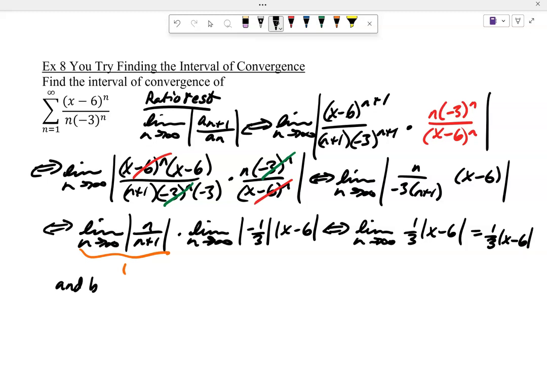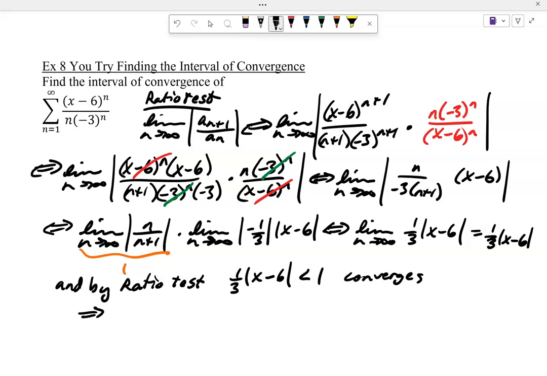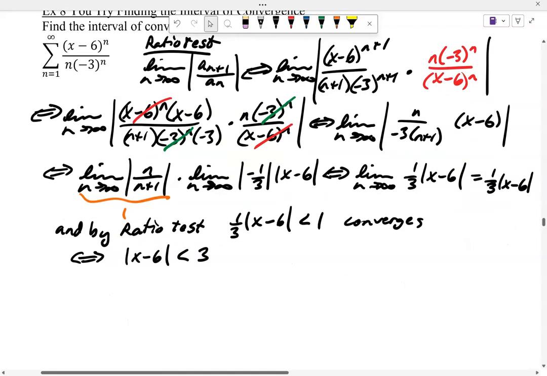And by the ratio test, as long as that is less than 1, it'll converge. Converges when that's true, right? So let's go ahead and multiply both sides to get rid of that 1/3 times 3. And there, that 3, there's our radius of convergence, right?